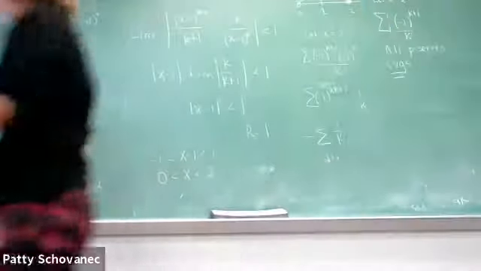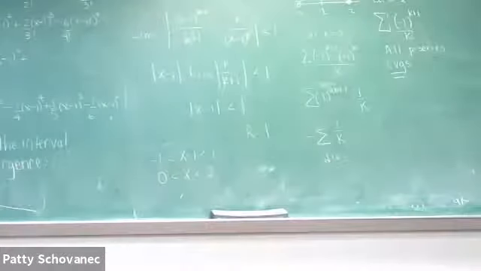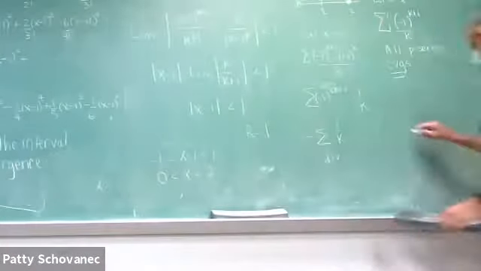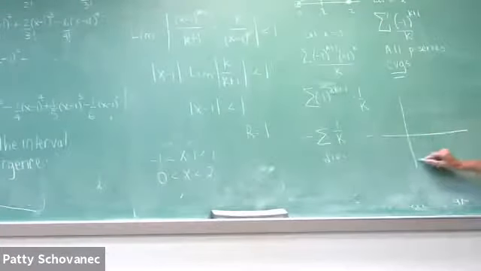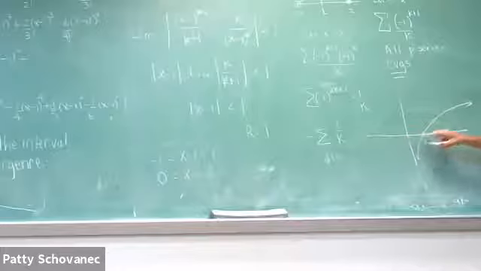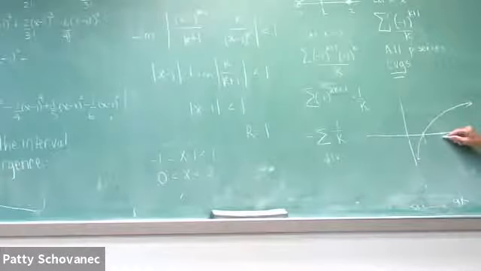So this is the power series for the natural log of x, and the interval of convergence is from 0 to 2. If I were to graph the natural log of x, it looks something like this. Here's x is 1, here's x is 0, and let's say here's x is 2.